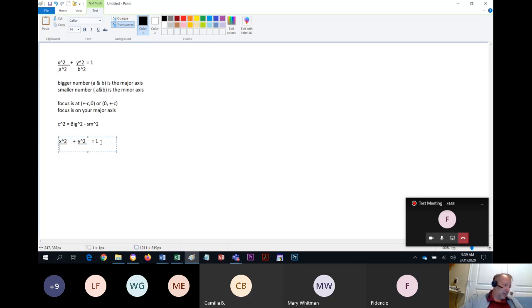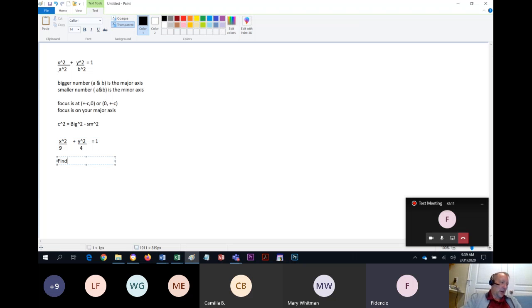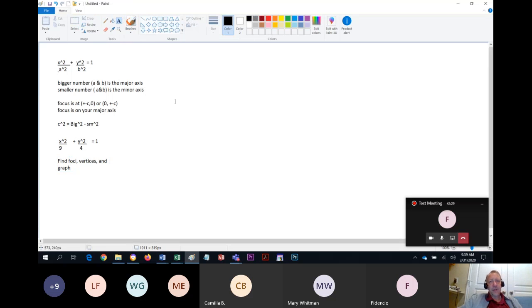Then I'm going to have x squared over 9 plus y squared over 4 equals 1. And if I say I want you to find the foci, the vertices, and the graph.